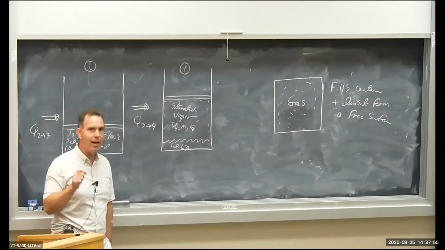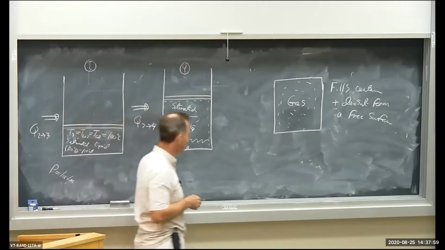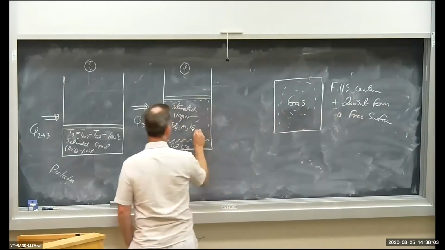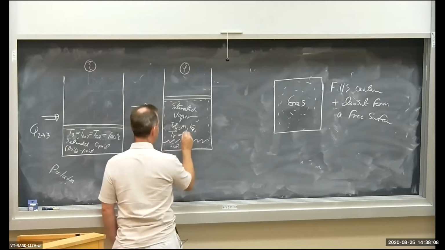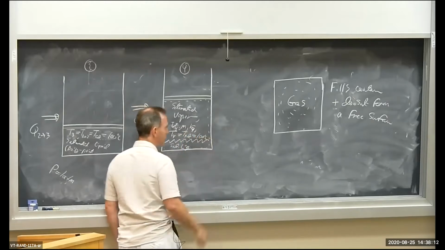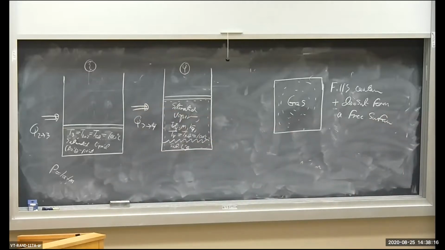Temperature remains at 100 degrees C during the boiling or the vaporization process. So the temperature in here, T4, is still equal to Tsat for 100 degrees C. Temperature is still equal to the saturation temperature, 100 degrees C.